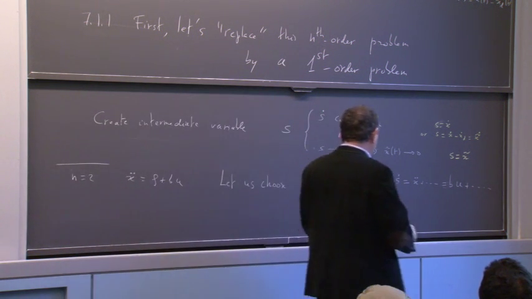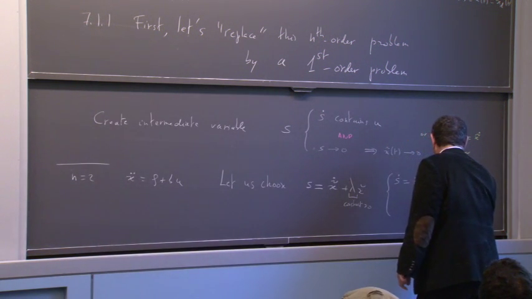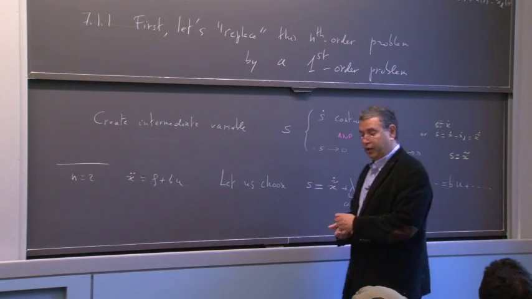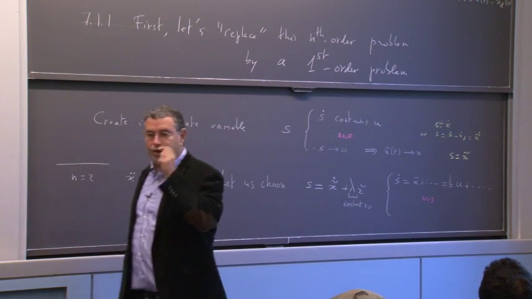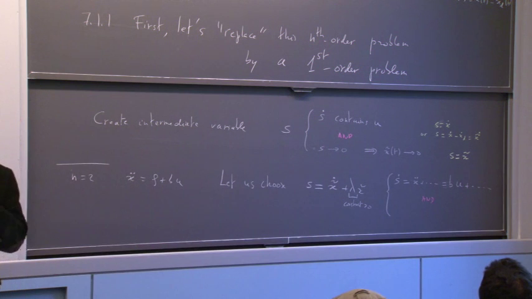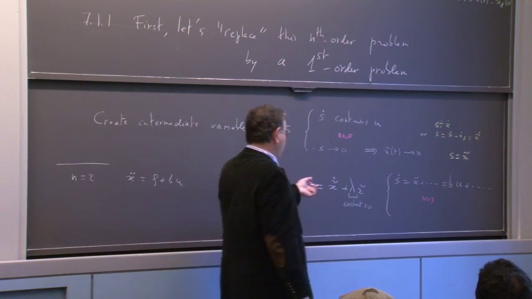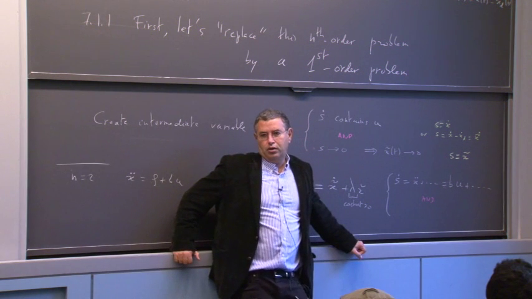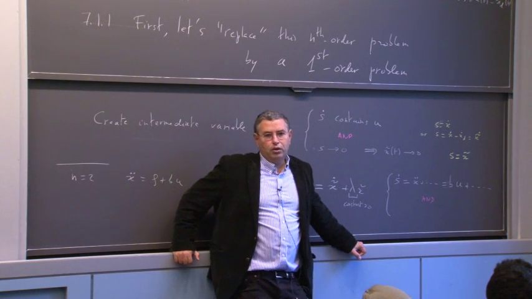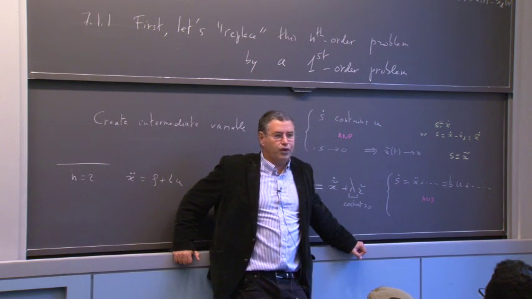Now, I want the second condition to be verified. So is it? You see, s is the sum of the position error and the velocity error. So you might say, well, I want the position error to go to 0, I don't want the sum of the position and the velocity error to go to 0.